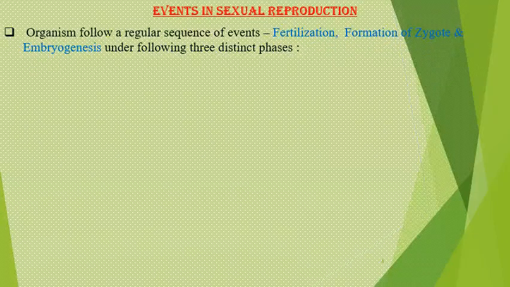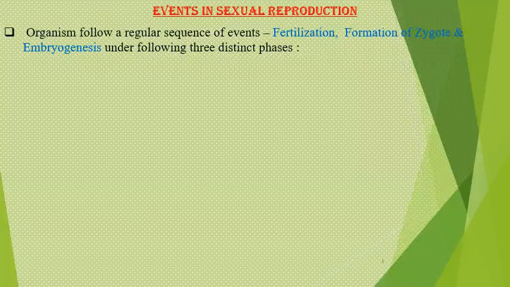After the discussion of important terminology related to the reproductive phase, now we are coming to the important events related to sexual reproduction. Here we are going to start with the important events that take place during sexual reproduction.